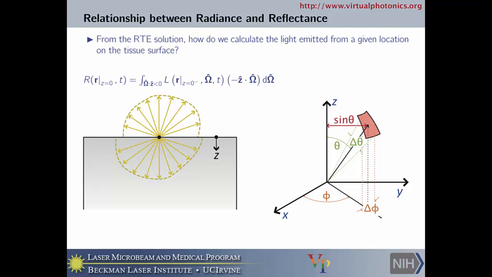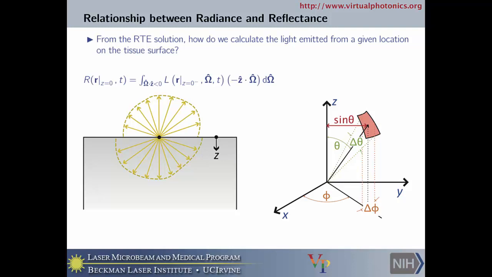To be able to figure out the reflectance, which is all of the light that is escaping, we need to integrate this not over the whole unit sphere, but just over a unit hemisphere that is facing above. So in this case, it's all angles where the direction of light, which is given by these yellow arrows, dotted with the inward pointing normal z vector, where that dot product is less than 0.